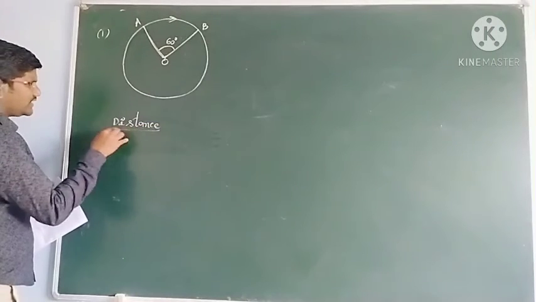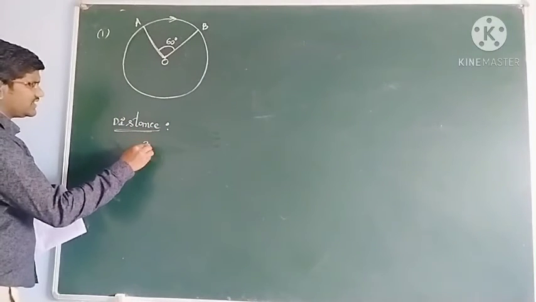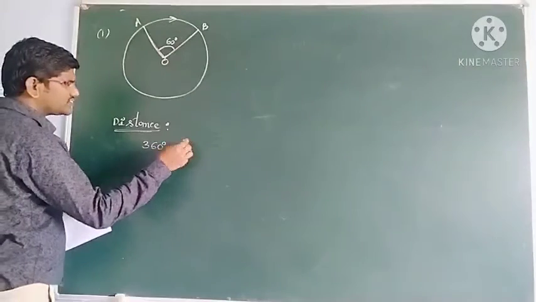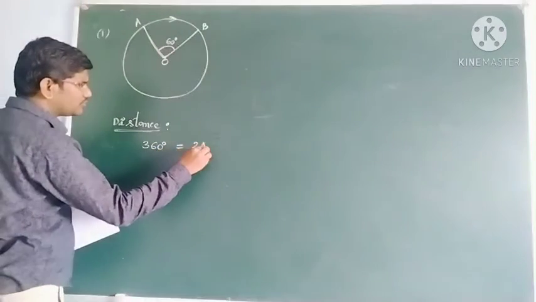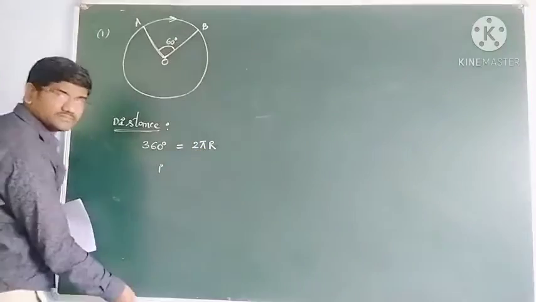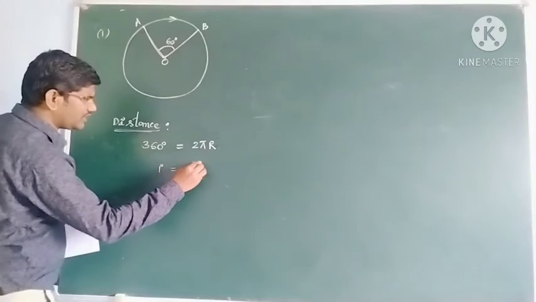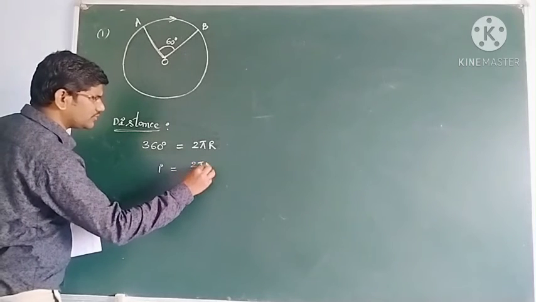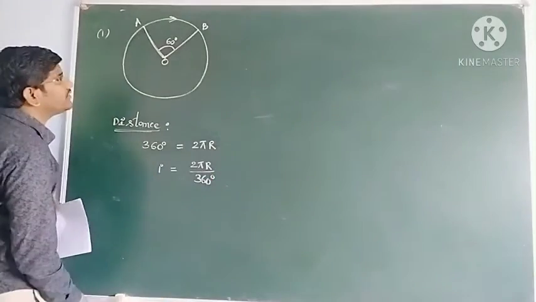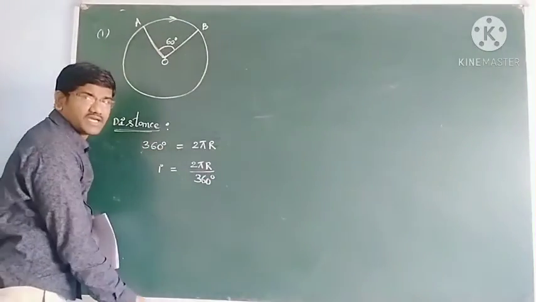For 360 degrees, distance is equal to 2 pi r, and for 1 degree, distance is equal to 2 pi r by 360 degrees. If it completes one revolution, the distance is 2 pi r.